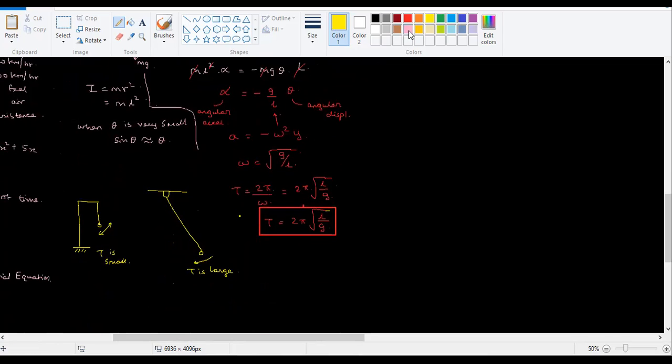If they ask you the frequency, it will be 1 by T. So 1 by T will be 1 by 2 pi root of g by L. So as you increase the length of the pendulum, the time period will increase, but the frequency will decrease.